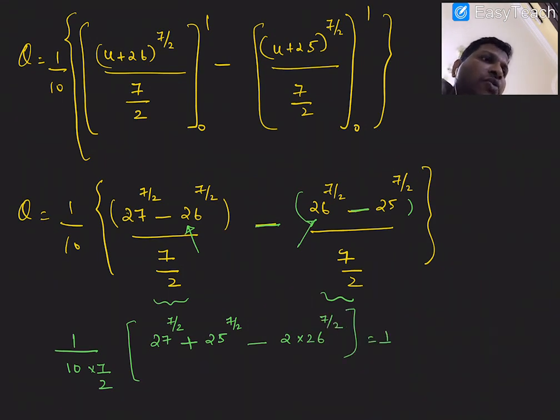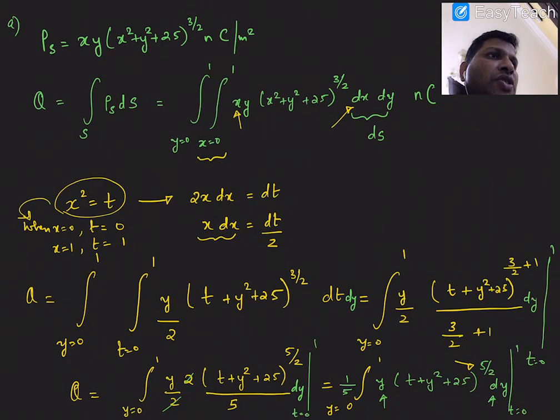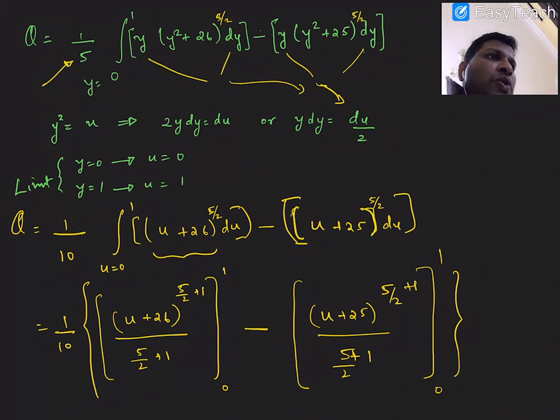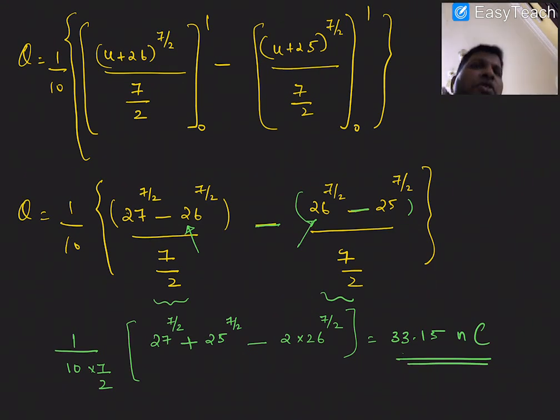So you will get 1 over 35, okay, 1 over 35 into... anyway I can directly simplify this. If you calculate this, you will get 33.15, and I have told you the unit for this is nanocoulomb, so the final unit will be in nanocoulomb. So this will be the total charge on the sheet.